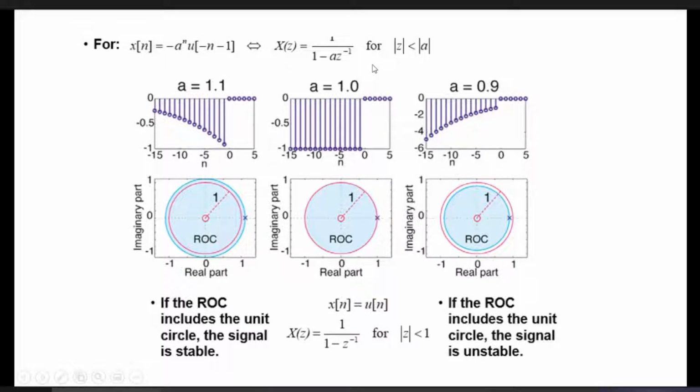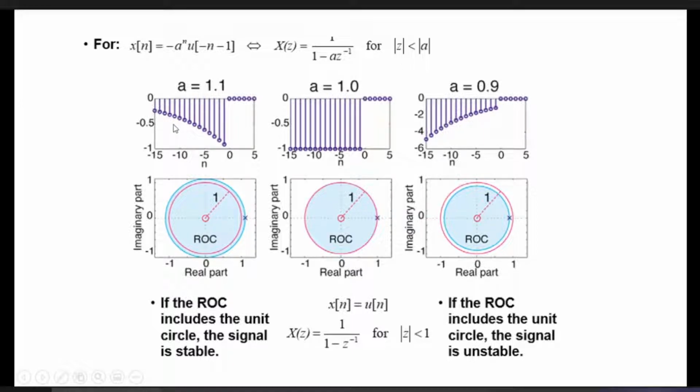So it is 1 by 1.1, then 1 by 1.1 to the power 2. So in the denominator the value is increasing, so overall the value is decreasing. As n increases on the negative side, the signal is decaying.